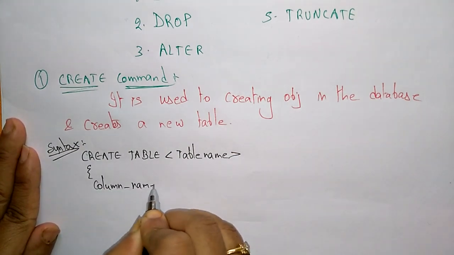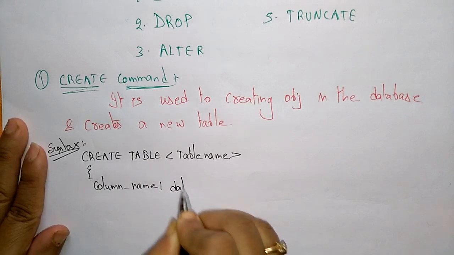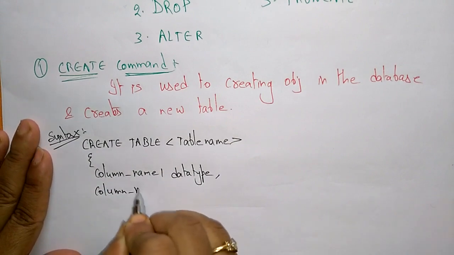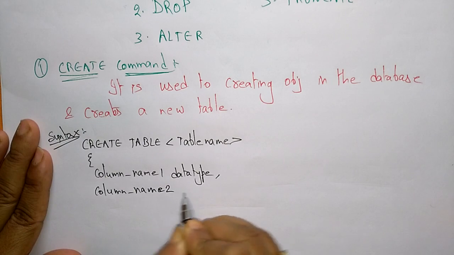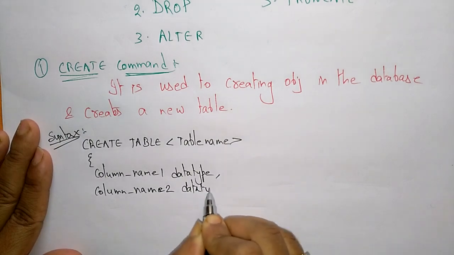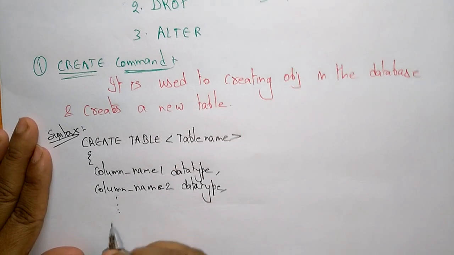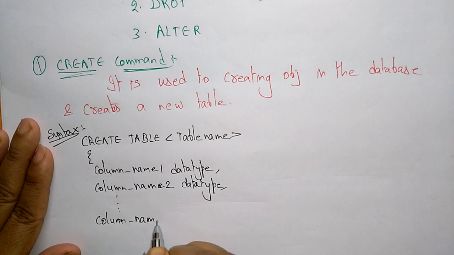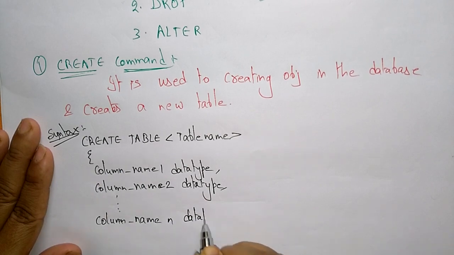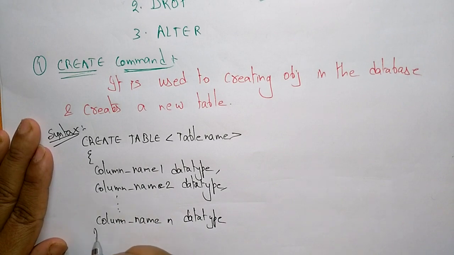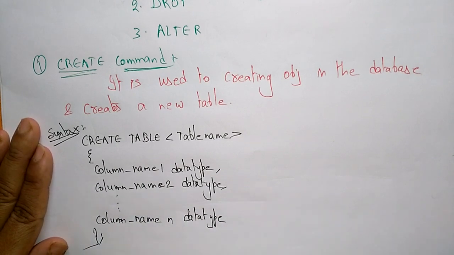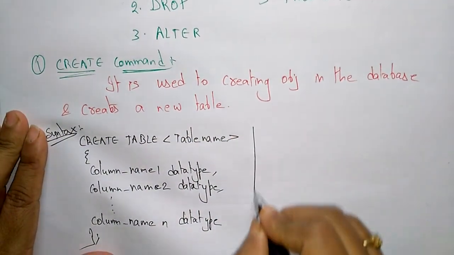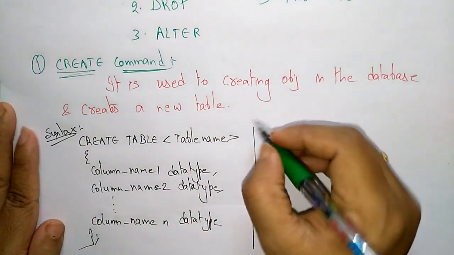Column name 1, data type, comma, column name 2, data type, up to column name n and data type, close the braces, semicolon, just like a class. So this is the syntax for the create command. Now let us see the example for this.